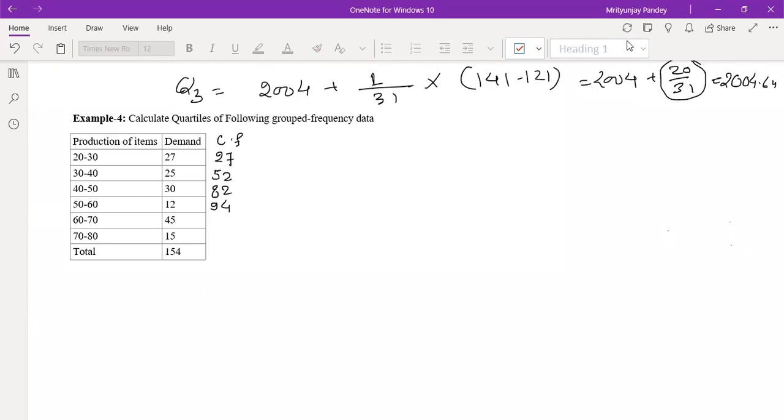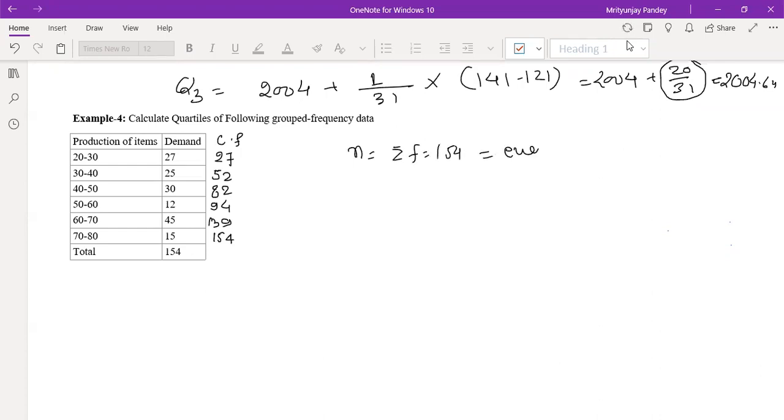Next one, 4 plus 5, that is 9, and 9 plus 4, that is 139. And the last one is 154. So here you can see that N, summation f, is equal to 154.